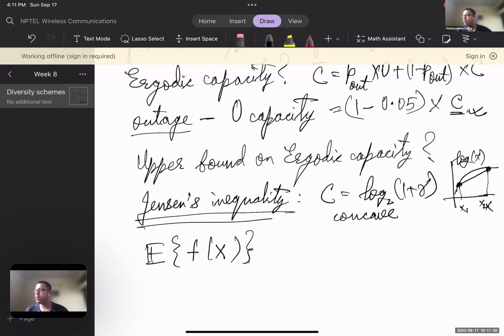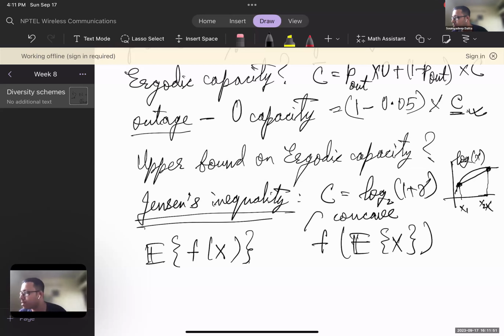The first quantity is the expectation of this function over the random variable x. The other is that I first take the expectation over x, and then I calculate the value of that function. What Jensen's inequality says is that for a concave function, this is a less than or equal to relation.